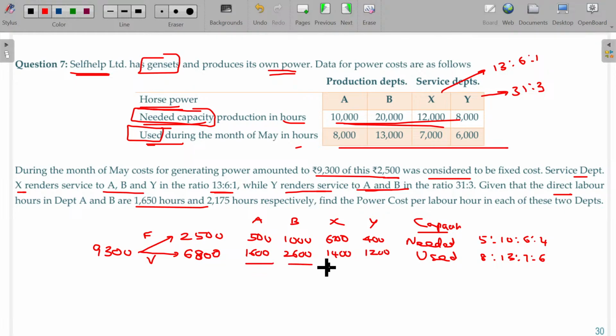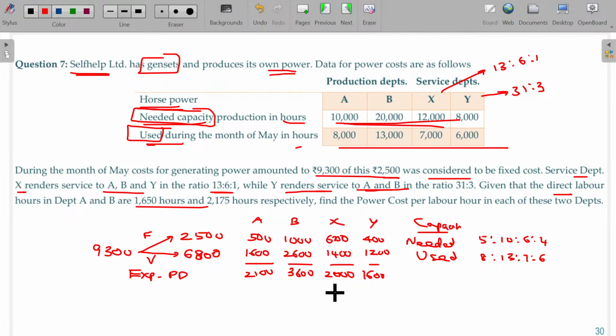So this is the overhead as per the primary distribution. As this illustration is pretty different, the overhead will be classified into fixed and variable, thereafter distributing to the departments. This is one of the interesting illustrations, that's why I included it here. Then the overall cost being 2100, 3600, 2000 and 1600.